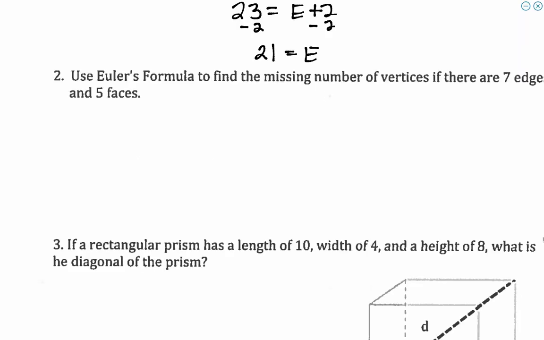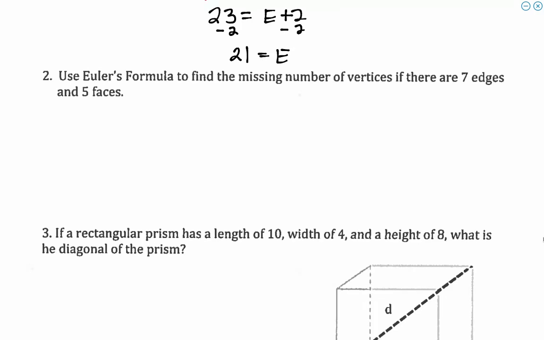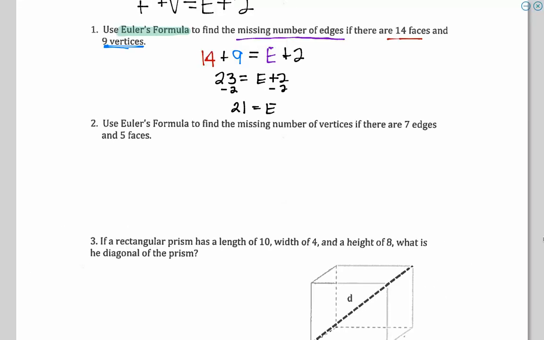Number 2, using the same formula, but now we're given edges. We're still given faces, but this time we're looking for vertices. So this is going to be 5 plus some unknown amount of vertices equals E plus 2. And it's always going to be plus 2.